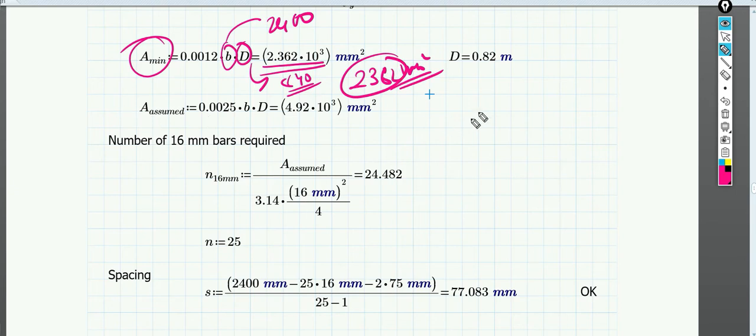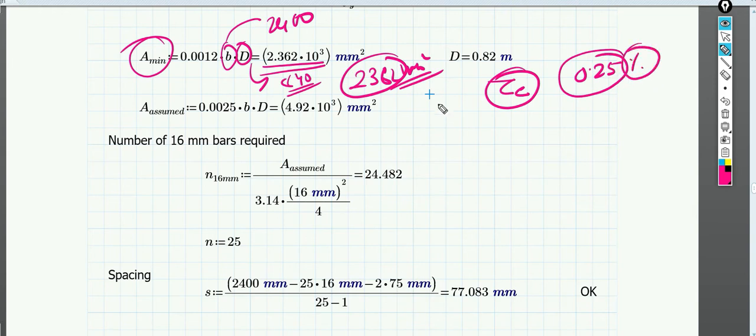And also, if you remember, while finding out the tau c value, we assumed that the pile cap is provided with reinforcement of 0.25%, right? So let's see for 0.25% how much area of bar is required, which comes out to be around 4920 mm square, which is basically more than what is required. But if I provide more than the required, obviously it will be safe.